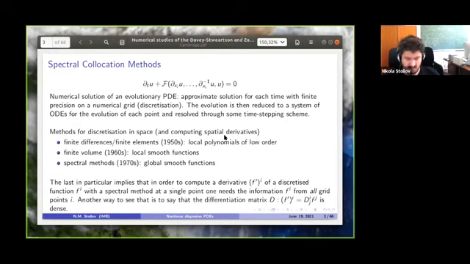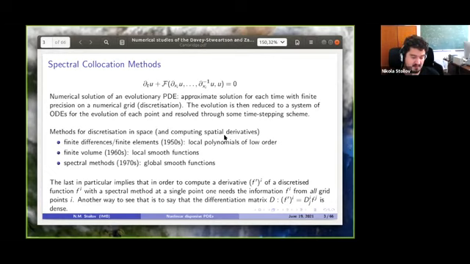The largest challenge with spectral methods is, first, that they work very well only on simple geometric domains, so if you manage to put your boundary conditions on coordinate surfaces. And second, they are not very well scalable in the following sense: differentiation can be expressed through a differentiation matrix, and in the case of spectral methods, the differentiation matrix is always full, always dense.